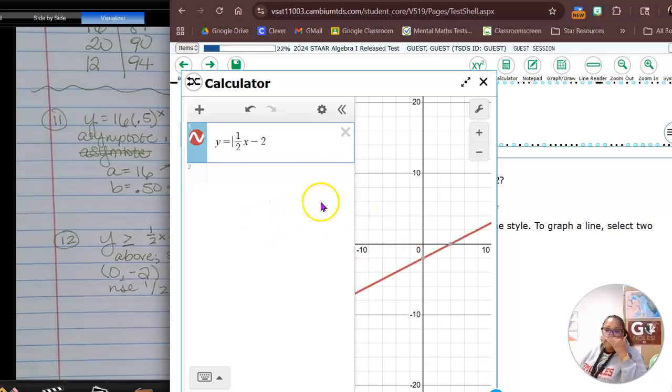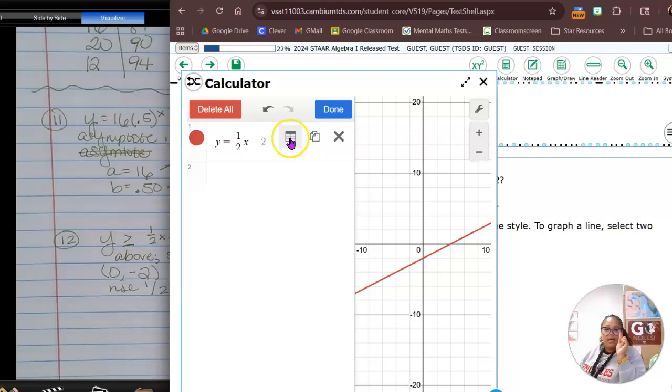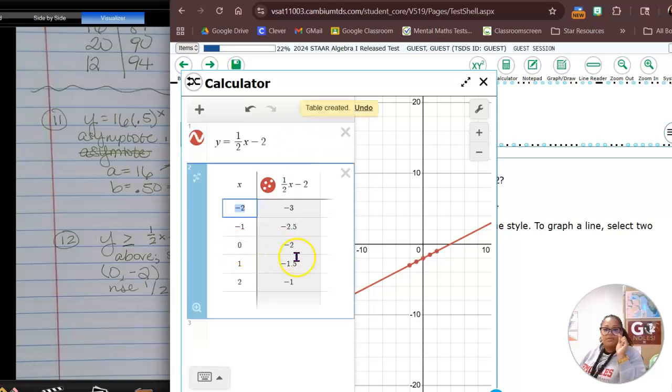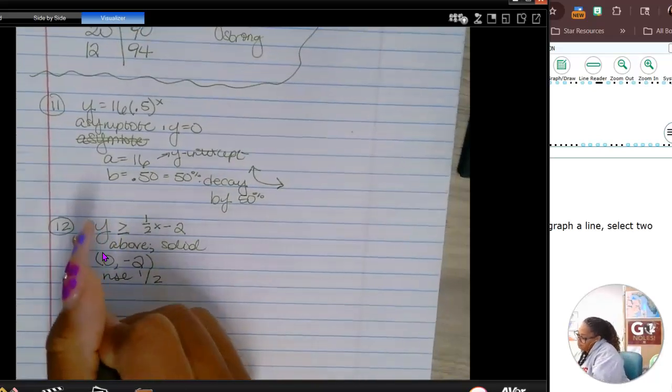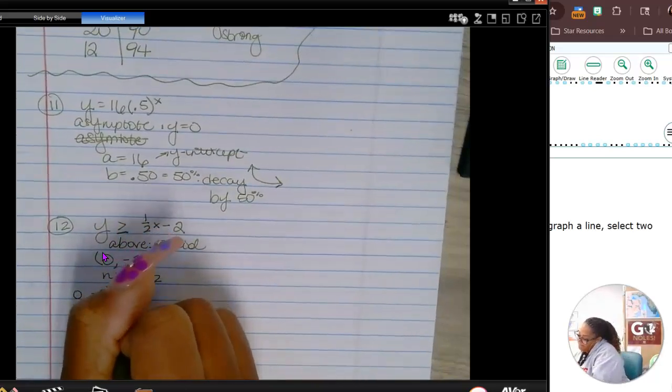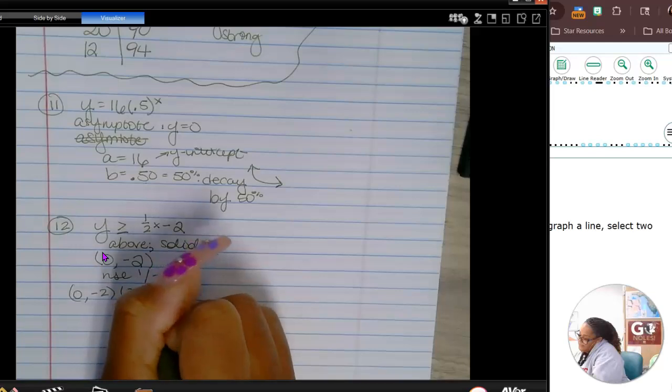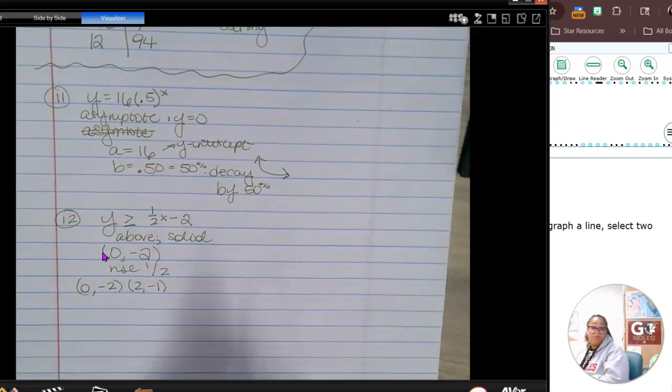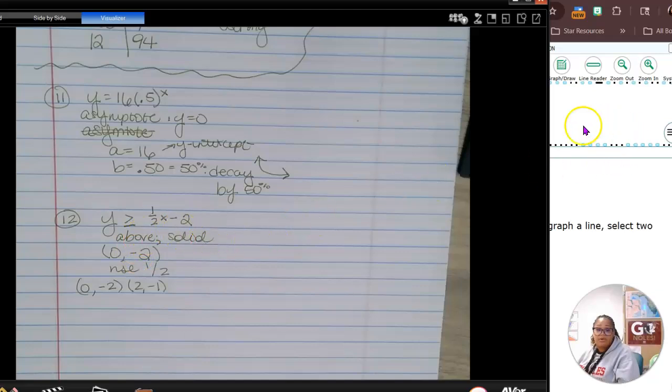Now it gives me a line, and then if I want points, I can come here, 0, -2, and 2, -1. Or I could have made a table. Either way, these are my 2 points, solid, shaded above.